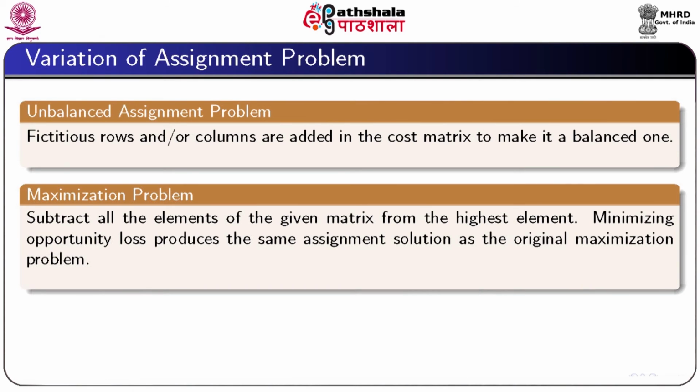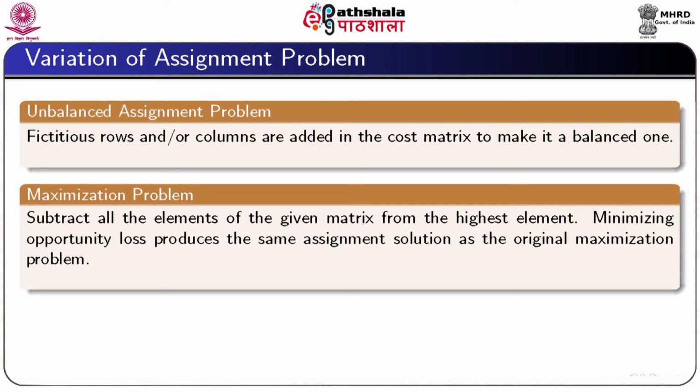Now, we consider an assignment problem which is unbalanced. To make it a balanced one, we consider fictitious rows or columns in the cost matrix, and then we follow the Hungarian method to solve the problem.